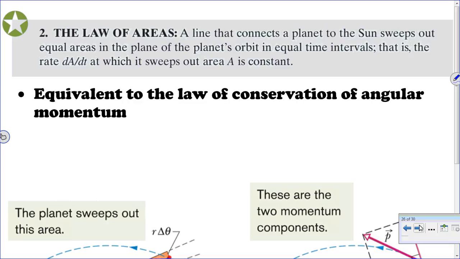Which should make a little bit of intuitive sense, right? There's more gravity when you're closer, so it feels like it should be moving faster. There's also some conservation of energy there. If you're closer, you're going to have less gravitational potential energy, which means more kinetic energy. So if that helps. All right. So that makes some intuitive sense.